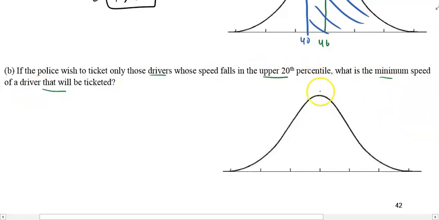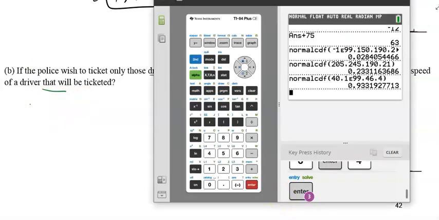Here, 20 percentile, if you remember, percentile separates the top 20% from the bottom 80%. We're trying to find a score. And to find a score, we're going to use inverse. So we're trying to figure out what the score should be. We're going to use our inverse normal distribution.